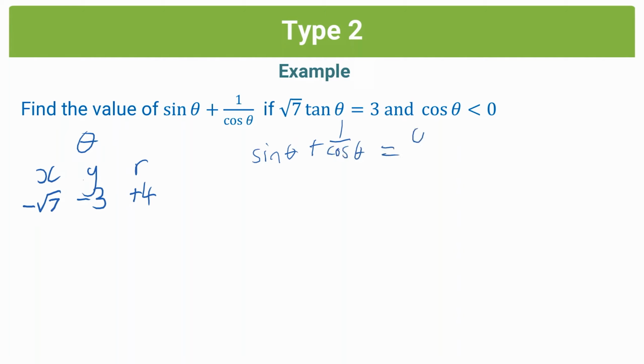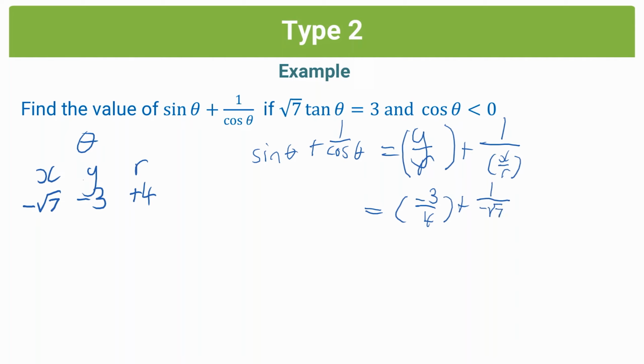We know that sine is y over r, and that cos is x over r. So let's substitute our y, r, and x in. That's going to be negative 3 over 4 plus 1 over, with x negative root 7 over r of positive 4. So we get negative 3 over 4 minus 4 over root 7.